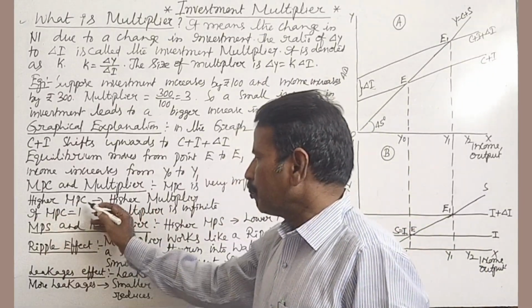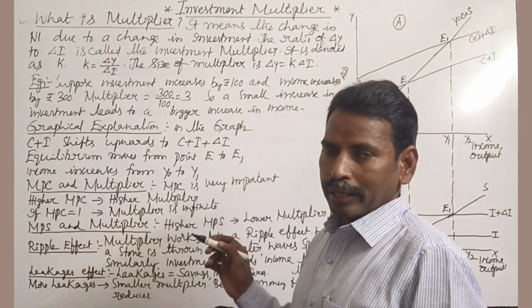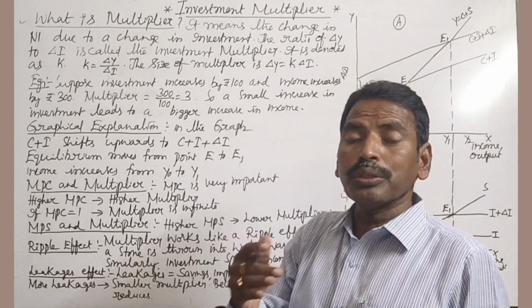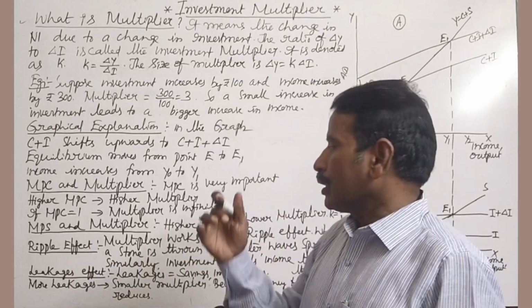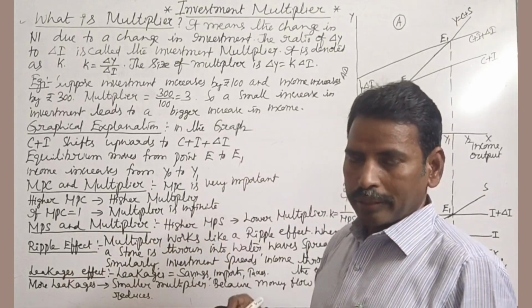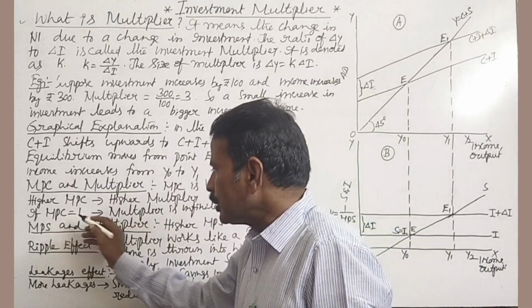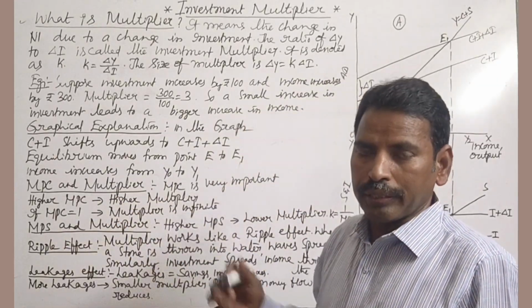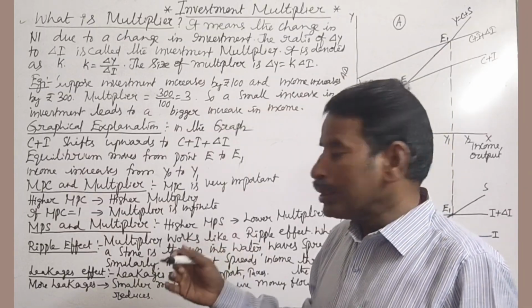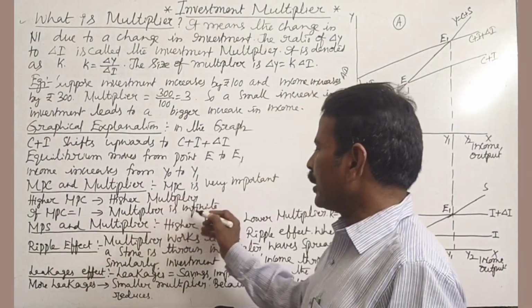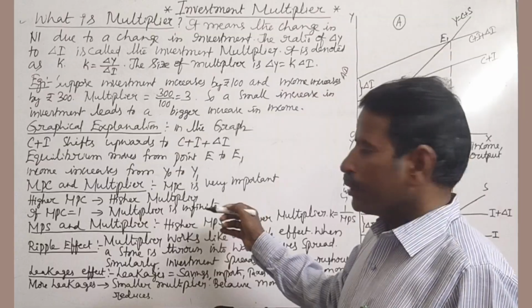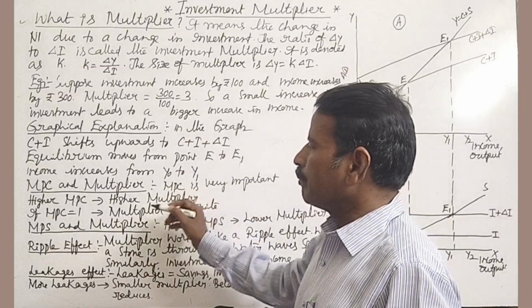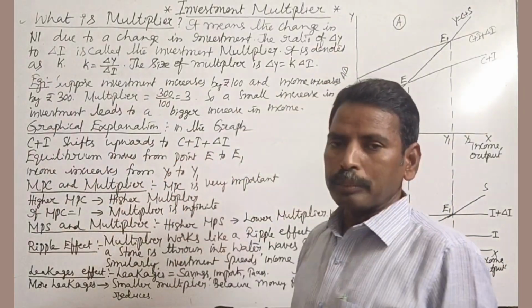So higher MPC, higher multiplier. There is a positive relation between MPC and multiplier. And if MPC is equal to 1, the multiplier is infinite. This is the relation between MPC and multiplier.